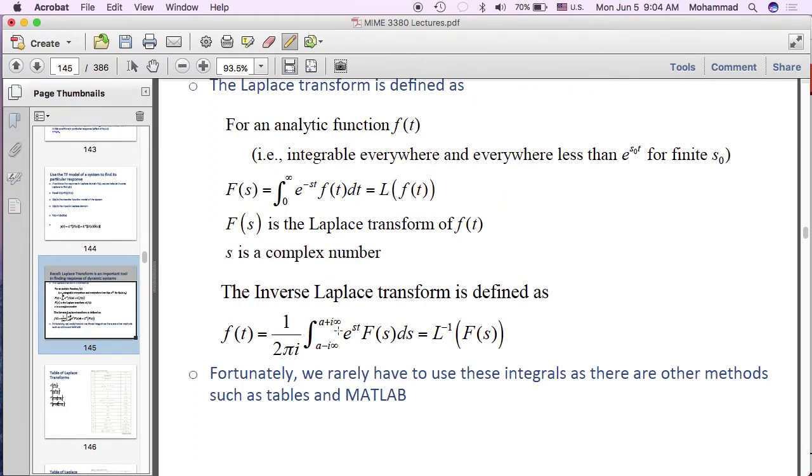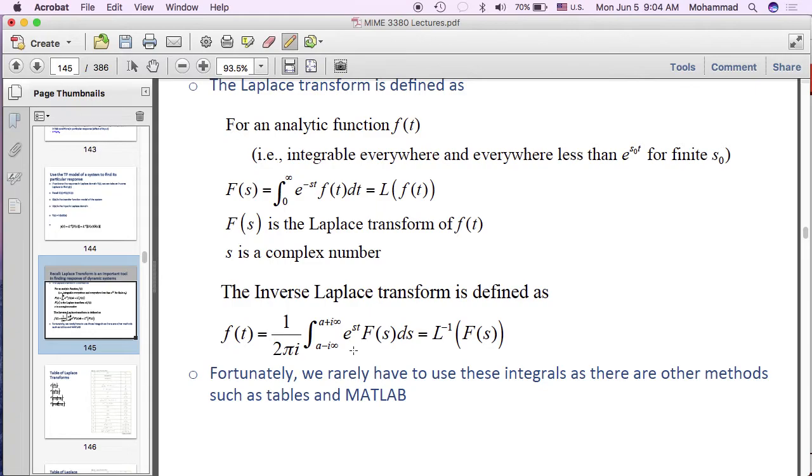And this is just a reminder that both finding Laplace transform and finding inverse Laplace transform is done through an integral type transformation. So this is the definition of Laplace transform. If you have a function of time, through this integral you can find the Laplace transform. And if you have F(s), through the second integral you can find the inverse.